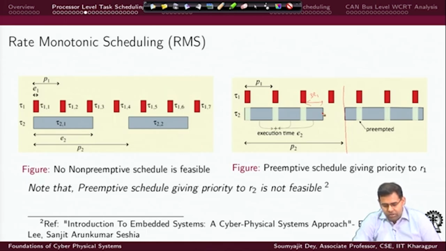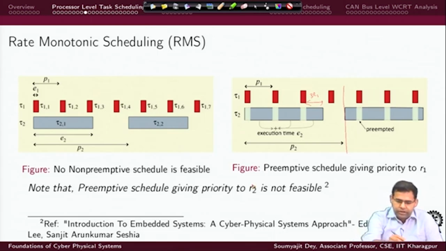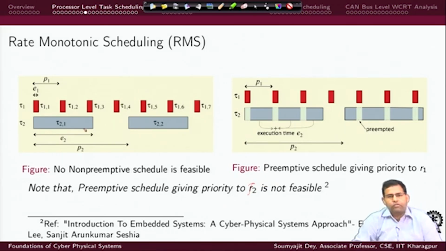Now, note that if I try a preemptive schedule here by giving priority to tau 2, that is really not going to be feasible. So this is not R 2, but rather tau 2 here. It is almost like the non-preemptive scenario we just discussed.